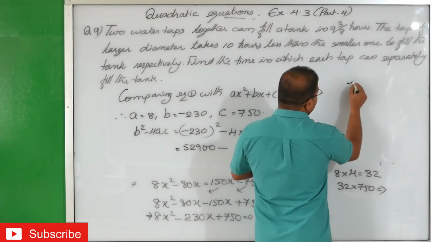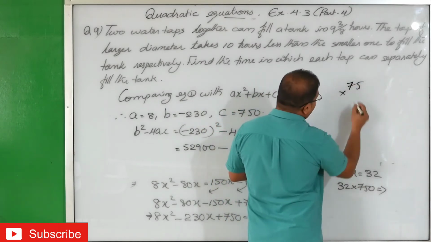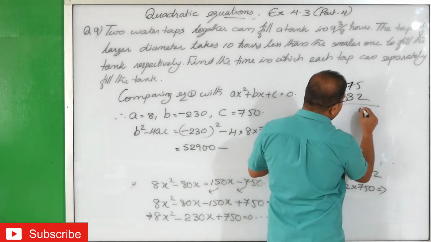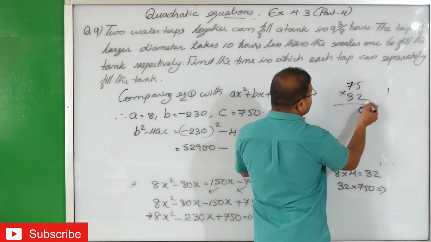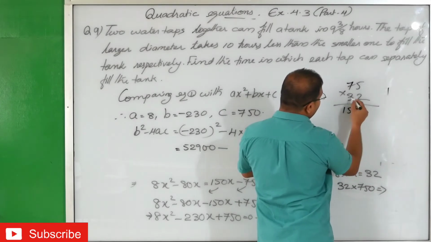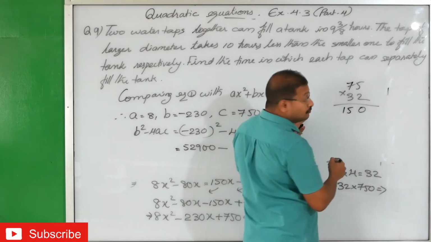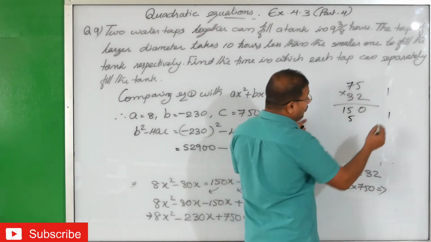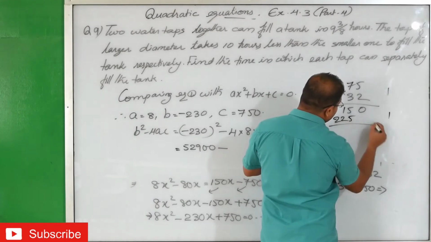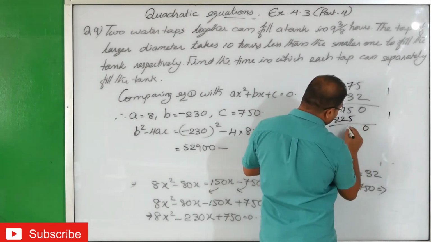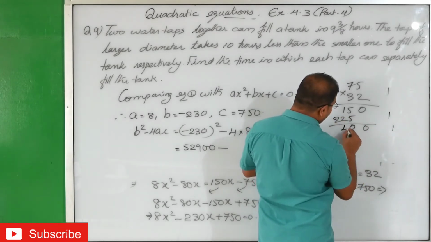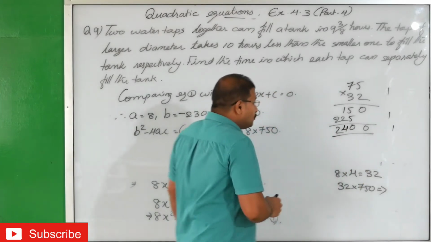Let's see that. 75 into 32 will multiply first. 5 2s are 10, 1 in hand. 2 7s are 14 plus 1, 15. Now 5 3s are 15, 1 in hand. 7 3s are 21 plus 1, 22. That means we will get 0. We will add these two. That means 5 plus 5, 10, 1 in hand. 3 plus 2 plus 1 is 3 plus 1, 4 and 2. That means we got 2400.